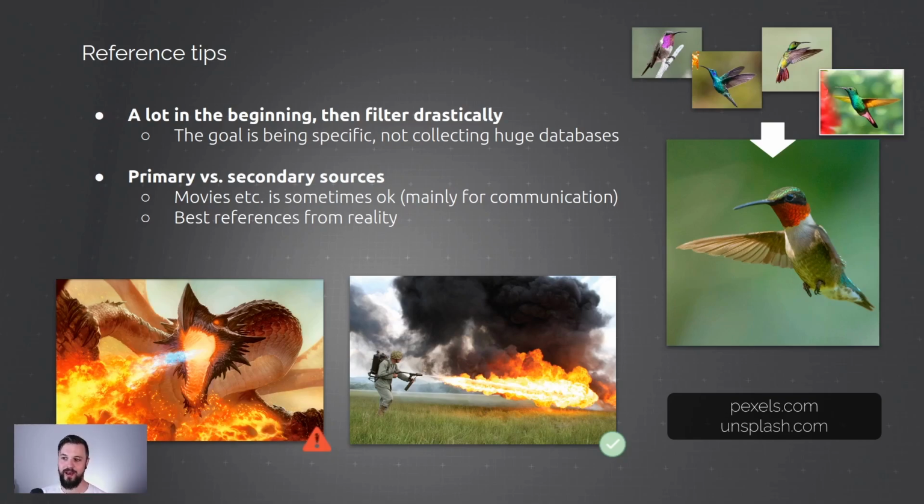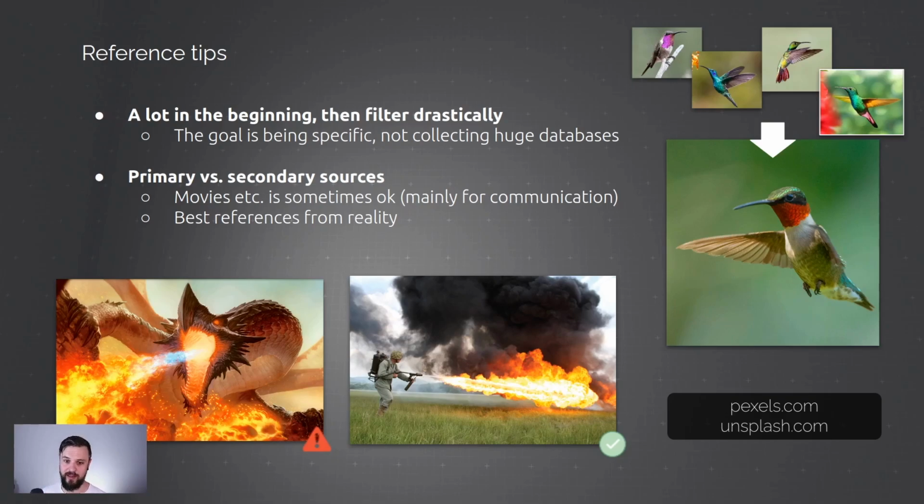So I'm not a massive fan of using other movies or other CG results as a reference, because then what you do is create a copy of a copy of a copy. Sure, sometimes that's okay, especially if a client has a very specific reference in mind from something he or she saw. But in most cases, you should always look for references from reality, because then you have the pure thing in front of you that you can analyze and especially make your own.